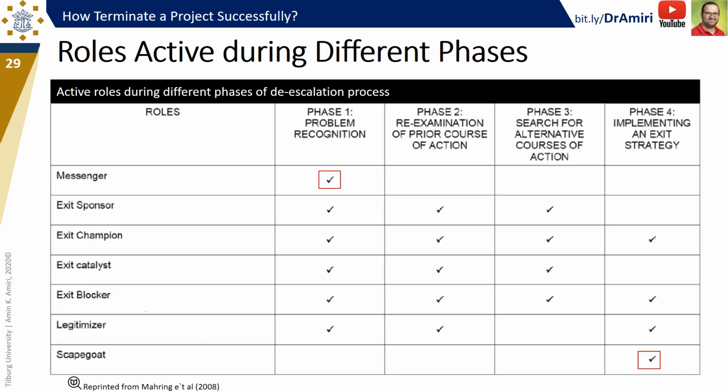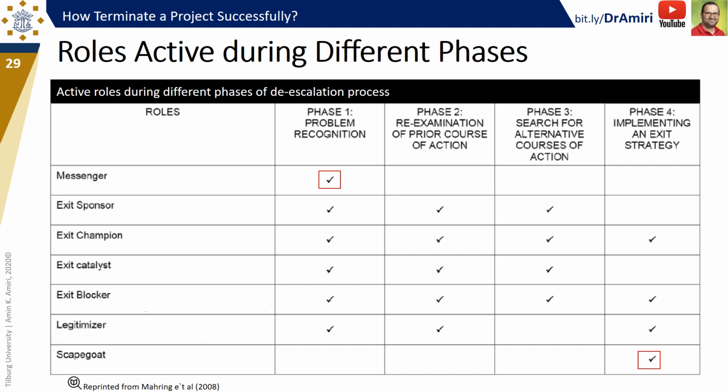These roles and their power are required for different phases. Messengers' informational power and expert power is mostly required when the problem must be recognized. Exit sponsors' legitimacy and coercive power is required to remove the obstacles in the path of deciding to terminate the project. Similarly, the informational power of exit catalysts is used to remove those obstacles and push for making termination a decision, which is mostly related to phase 1 to phase 3.